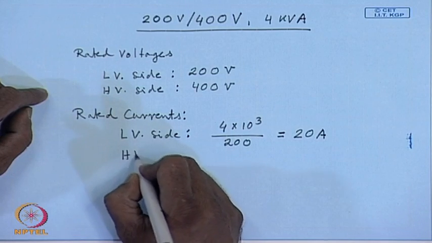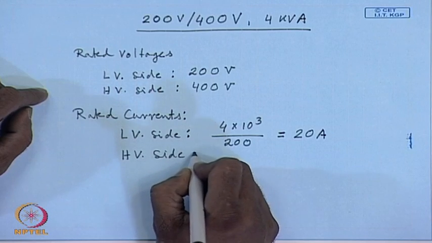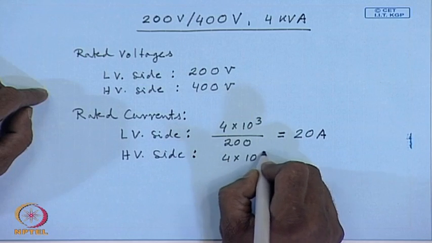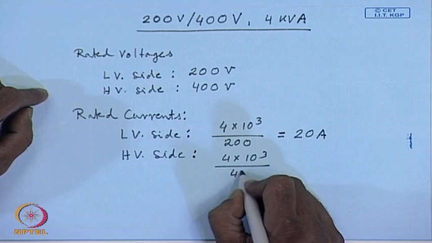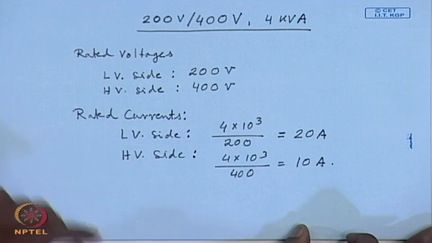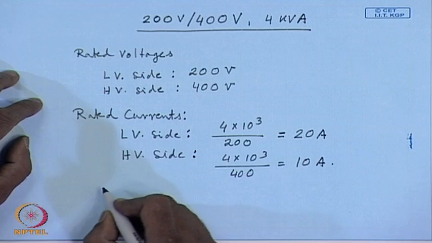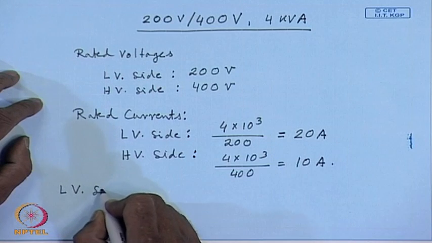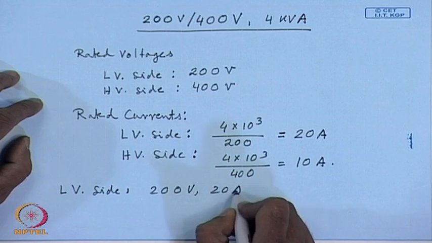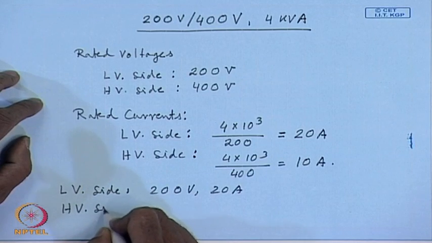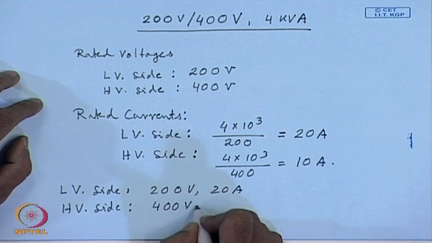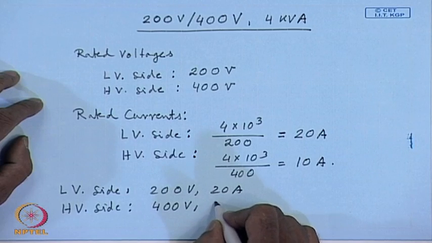For the HV side, it is 4 kVA divided by rated voltage equal to 10 ampere. So, for the LV side, ratings are 200 volt 20 amperes. For the HV side, rated voltages are 400 volts, 10 amperes.